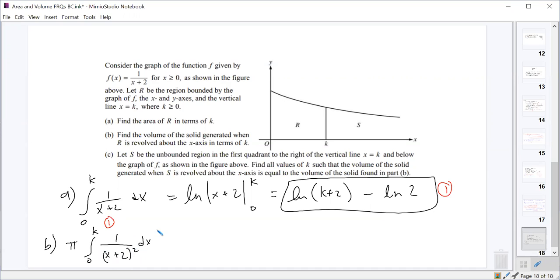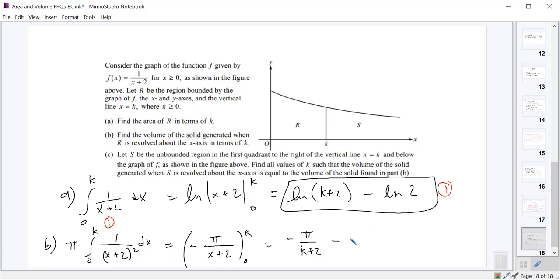So that ought to become negative pi over u, so negative pi over x plus 2, evaluated from 0 to k, which should have been negative pi over k plus 2 minus pi over 2.